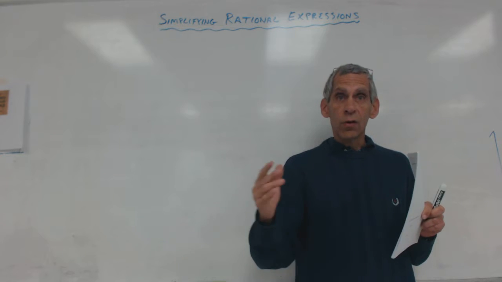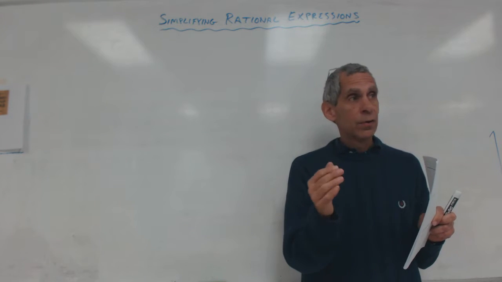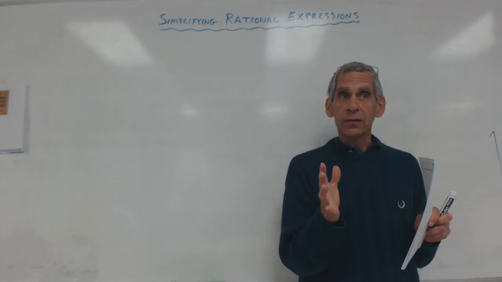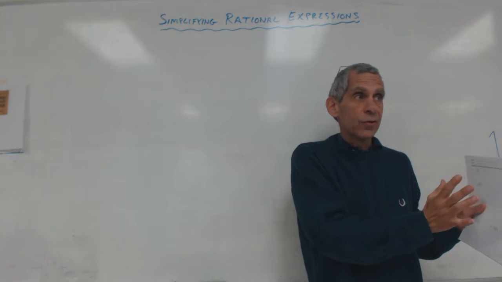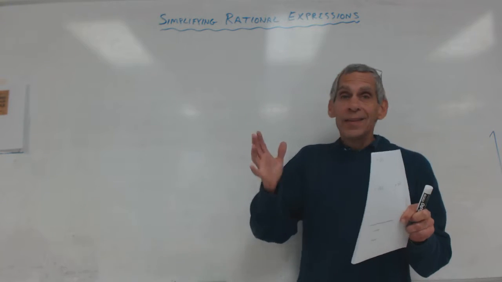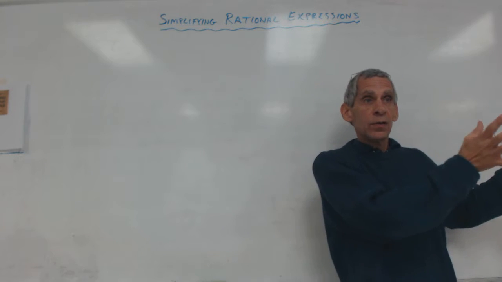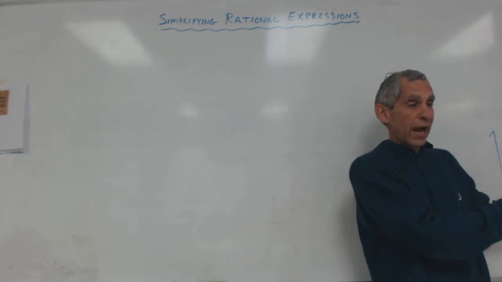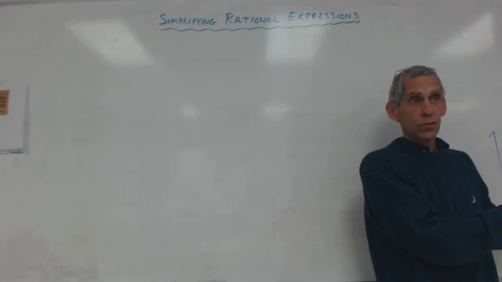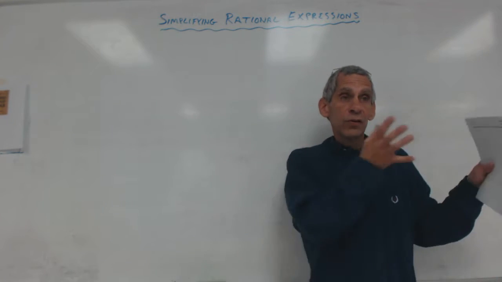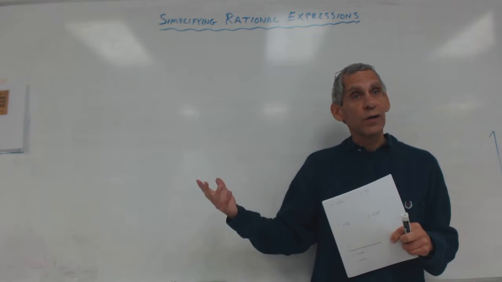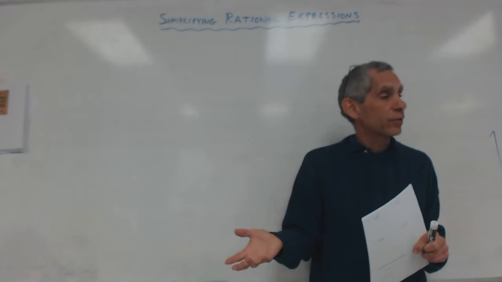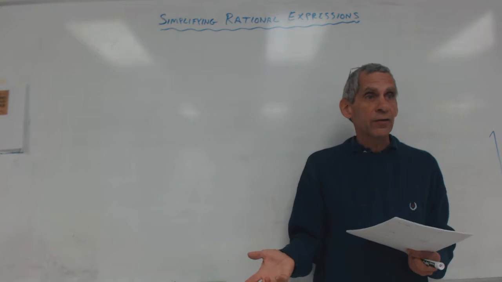You already know about half of quadratics. There's just another half to do. But after quadratics, oftentimes there's a rational chapter. And I often do this while you're working on the quadratics because all it is is factoring. So it's practicing your factoring.